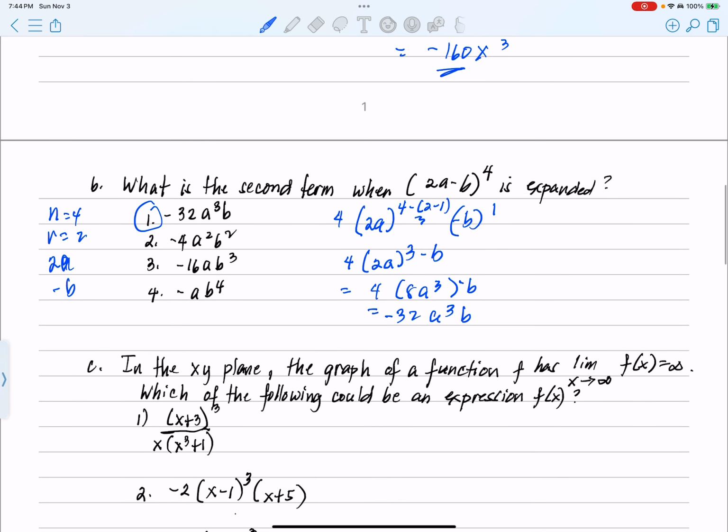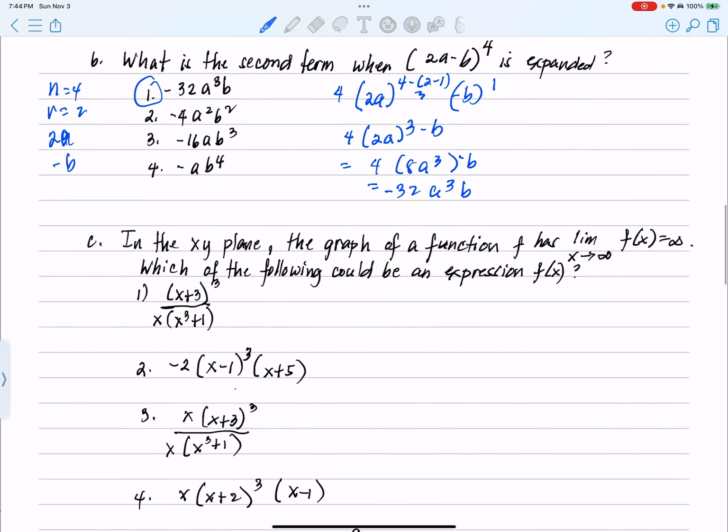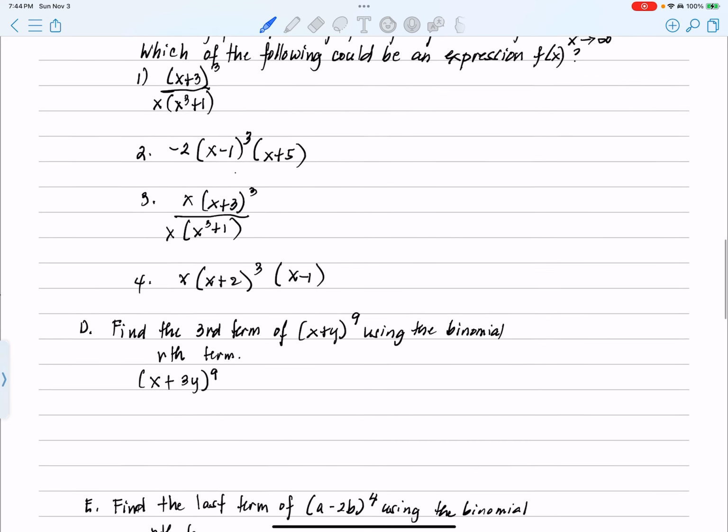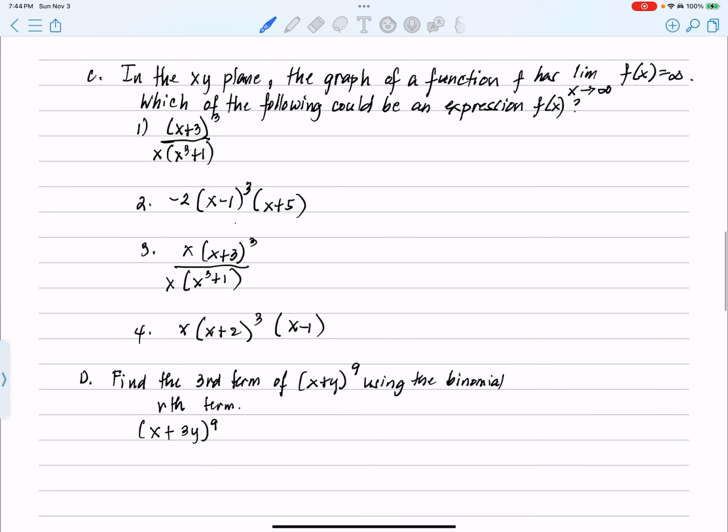All right, let's do this. In the xy plane, the graph of a function f has a limit as x approaches positive infinity, the function of x approaches positive infinity. Which of the following could be the expression of f of x? Okay, let's look at the first one right here.